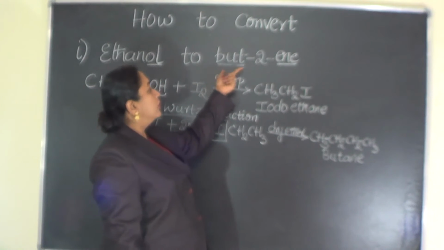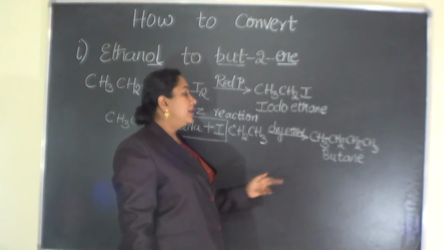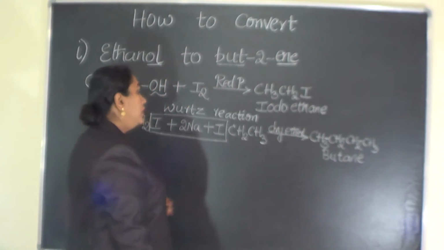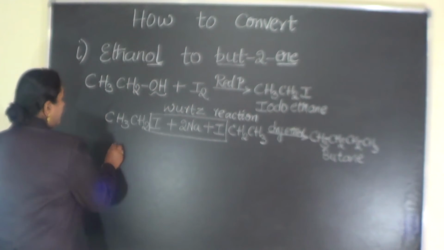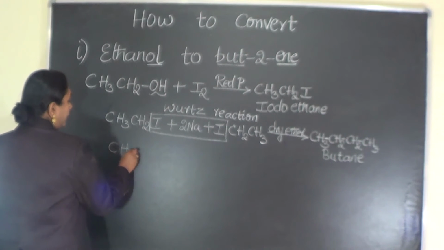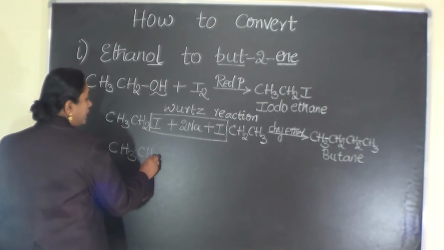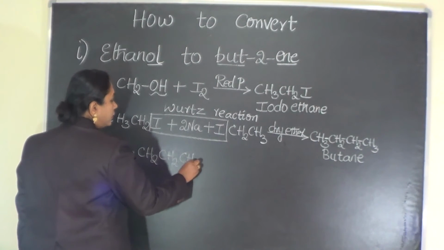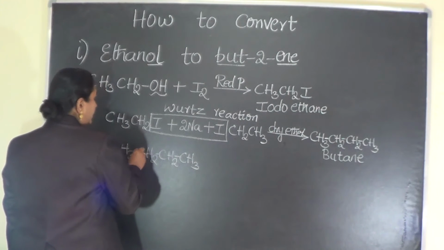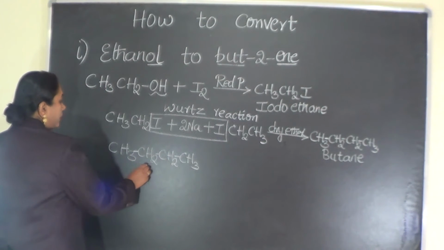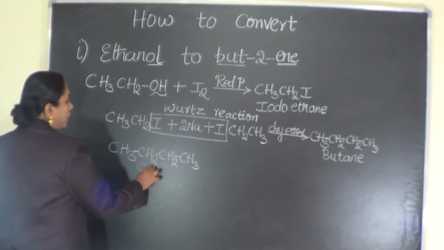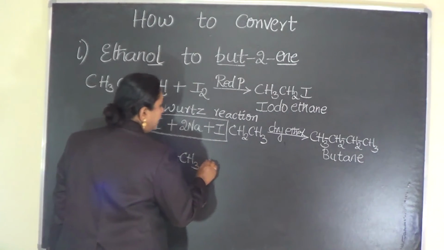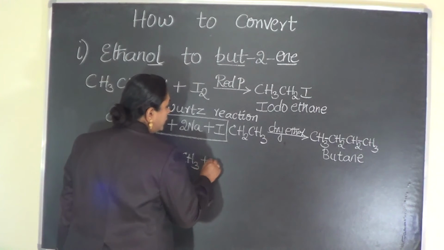We want 2-butene. So let us try to convert the butane obtained into its halide form. Let us treat butane, CH3CH2CH2CH3, as split and written, or in a single step we can also write it as C4H10. So butane is subjected to halogenation.